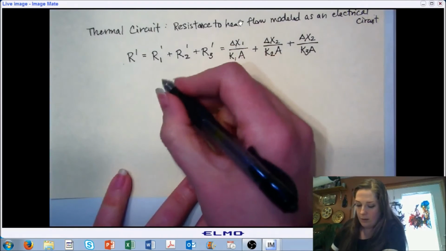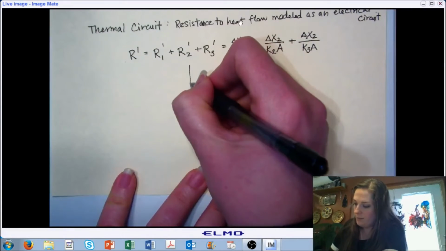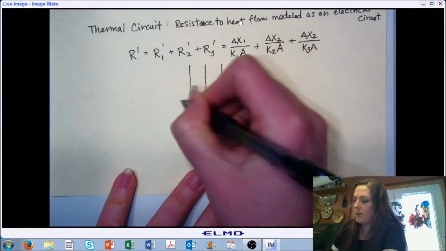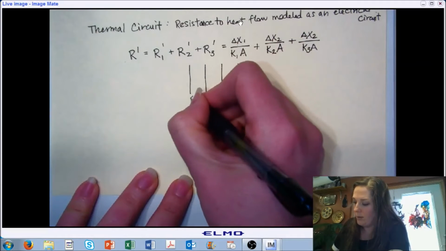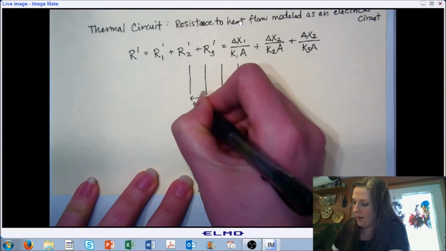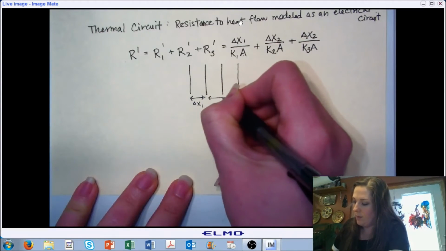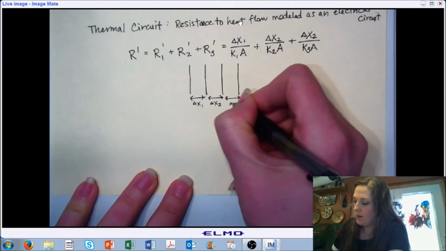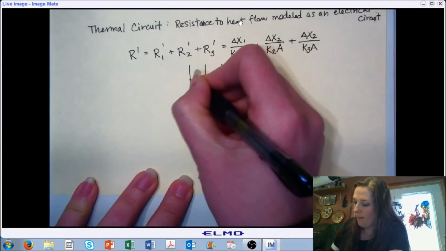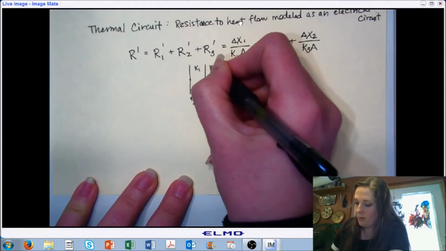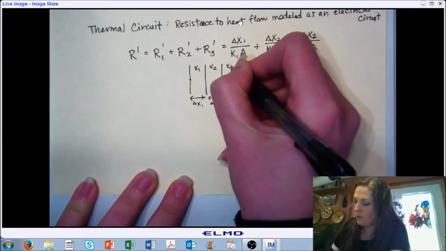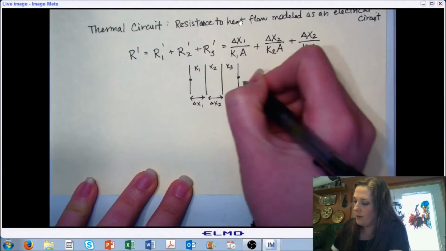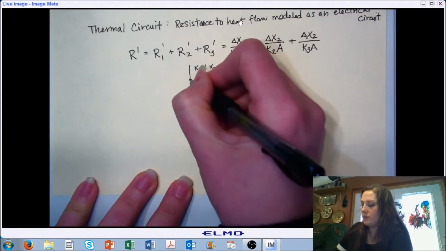And we can kind of look at this as, here's a wall section with 3 different components. I happen to be drawing them with similar depth, but it doesn't have to be that way. So we have some depth of material 1, some depth of material 2, and some depth of material 3, and some thermal property of each one as well. And then we have a temperature at one surface and a temperature at the last surface.